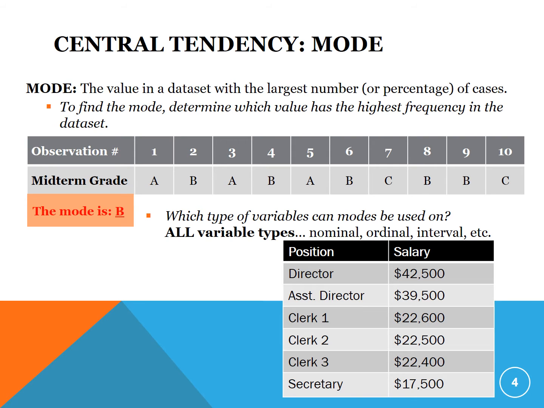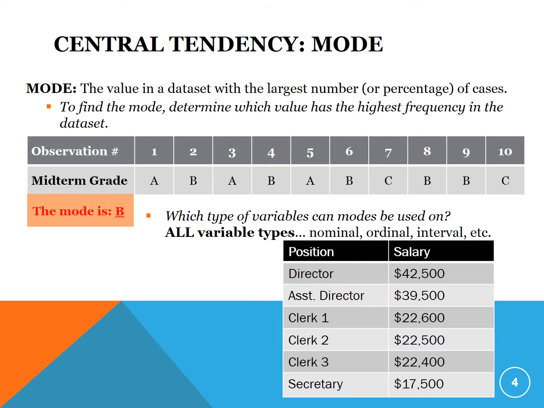So recall from the question right above it, which types of variables can have modes? Well, in this data set, the type of variable, hopefully you're saying it's an interval level variable, because these are exact numbers, right? And so we can see that this variable can have a mode. But what is that mode?